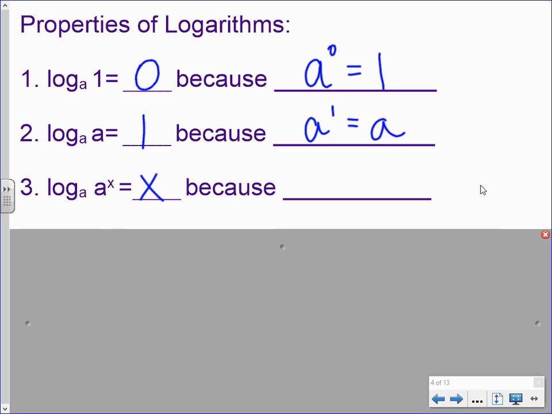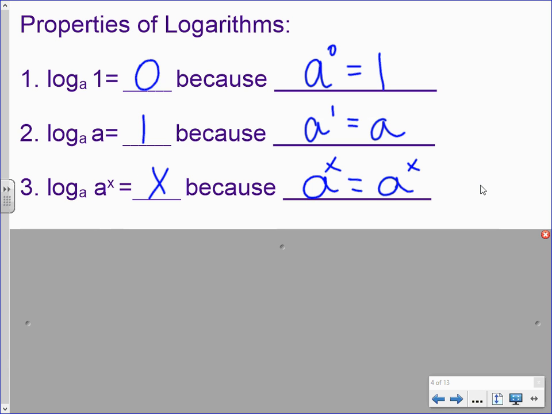Okay, good. Let's write it in context of this. I like where you're thinking. If we take a to the x power, it should equal a to the x.